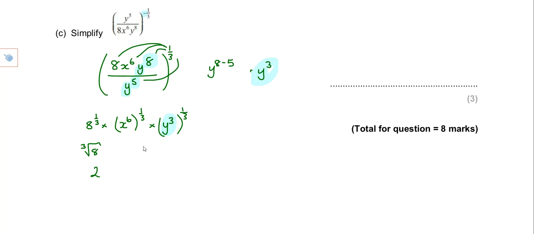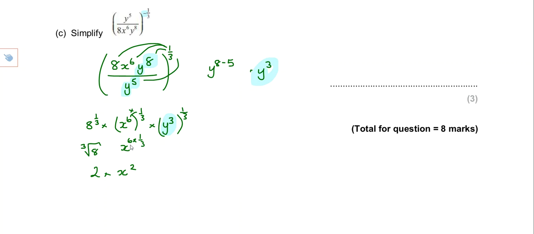I don't know if I did it right, but don't you make it like x to the power of 6 over 1? And then you could make it 6 over 3. That's what I did. So it's 6 times a third, yeah? We multiply them. So 6 over 3 is 2. So I've got x to the power of 6 times a third is x to the power of 2.